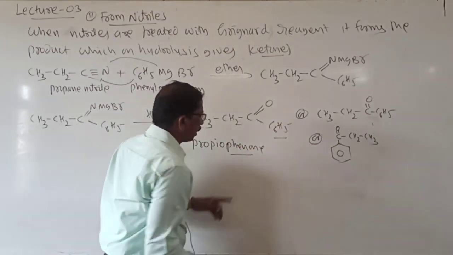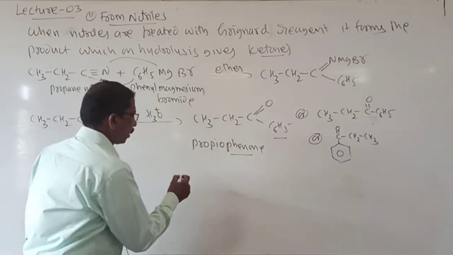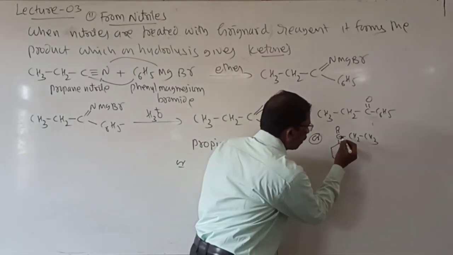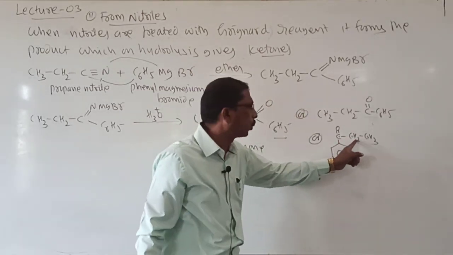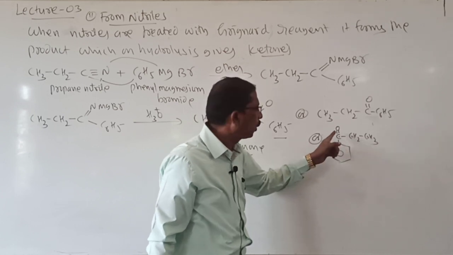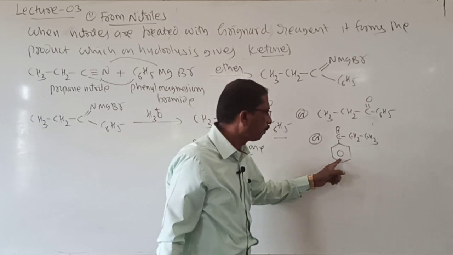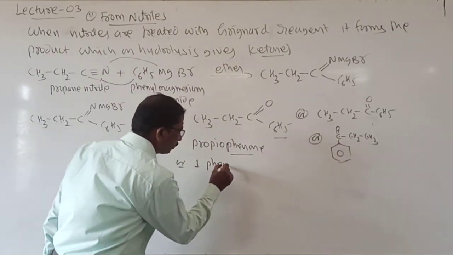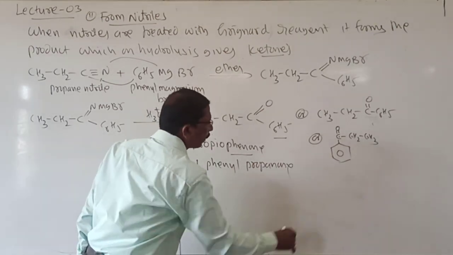This group is called phenone. It is called propio, or we may also write it as, here carbon number 1, 2, 3, so it is propanone. The ketone group is there, so ONE is added, propanone, and the phenyl group is attached to this, so it is called 1-phenylpropanone.